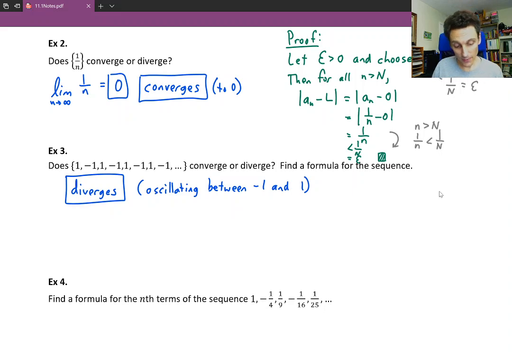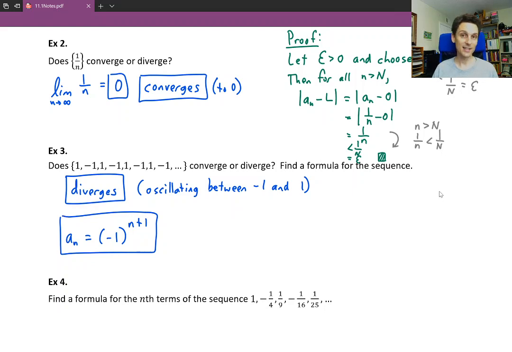Now, it says find a formula for the sequence, and if you think back to what was causing an alternating sign, so positive, negative, positive, negative, we can take that part of it and use it here. So if you can think about what a sub n would have to be based on the last video, if you came up with negative 1 to the n plus 1, then that would be correct.